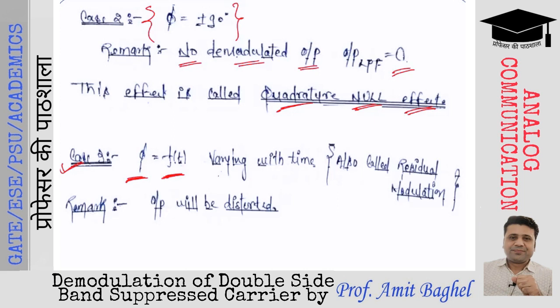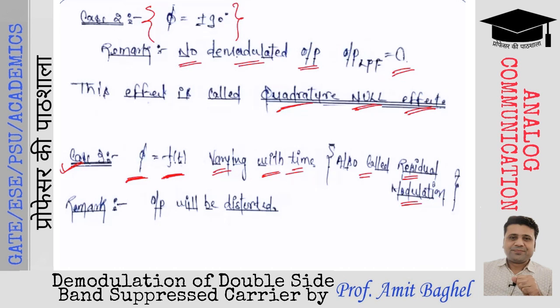So phase error phi is varying with respect to time, and this is also called a residual modulation. When the phase changes with respect to time, the value of cos of phi will also change with respect to time. It will not be a constant value.